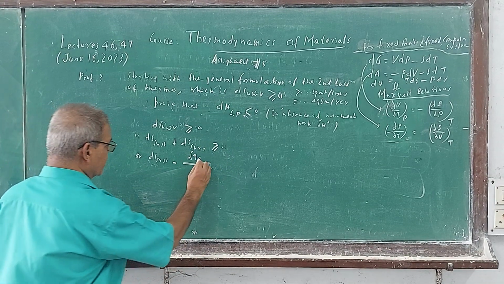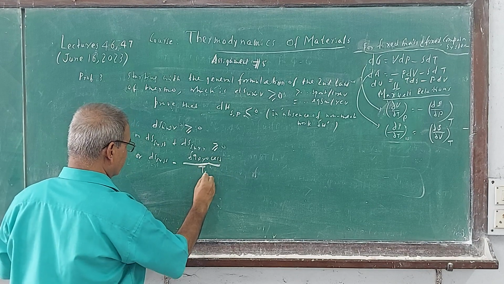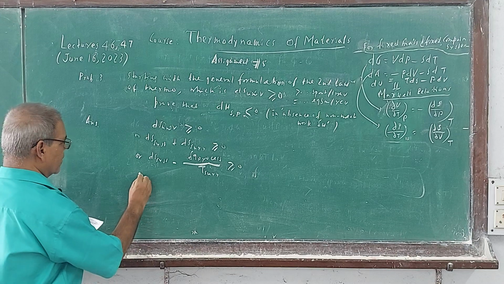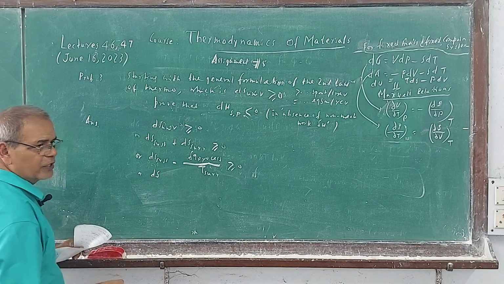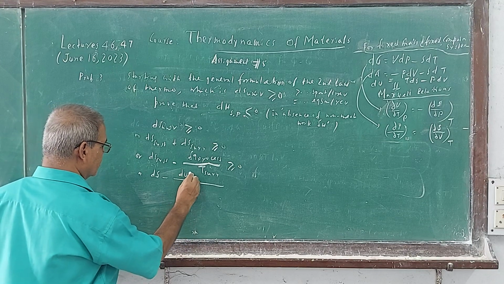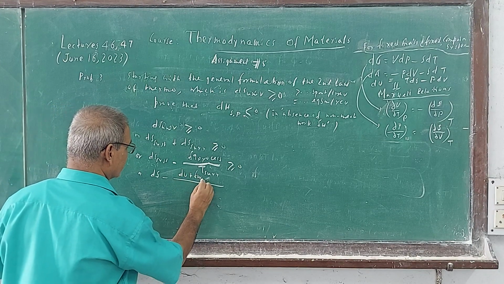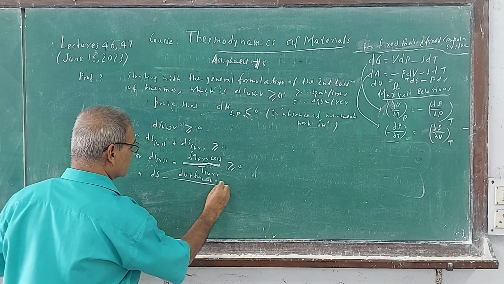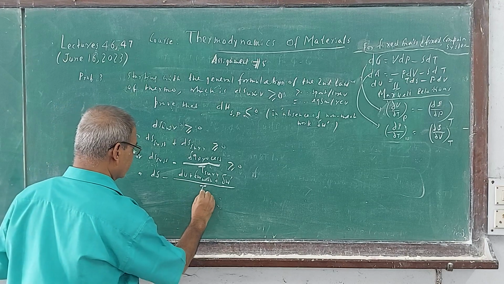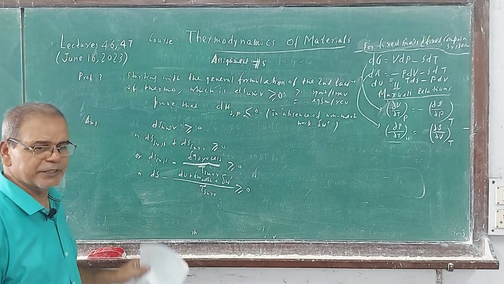Keep on writing dS system. Minus dq process is what? dU plus dW mechanical plus dW prime, the non-mechanical, over T surrounding, greater than or equal to 0. This I asked you to do yourself. Did you do this?